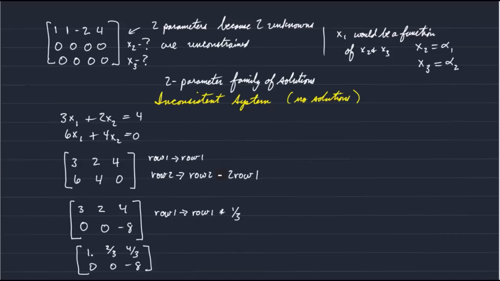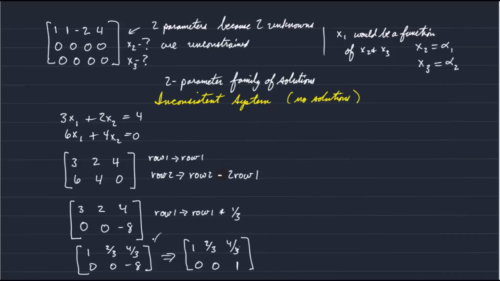We have our lead 1 in our top row, and I guess we could produce a lead 1 in our bottom row just to be consistent with our process here. We would divide the bottom row by minus 8, or multiply by minus 1/8.